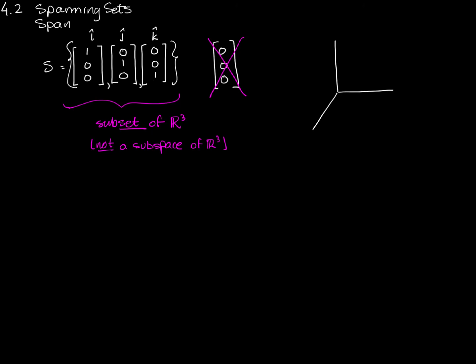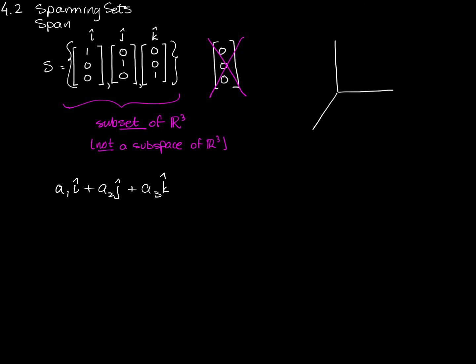And remember that the span, in this case, is the set of linear combinations of these vectors. Let's just call them i, j, and k. I've got a1 i plus a2 j plus a3 k.